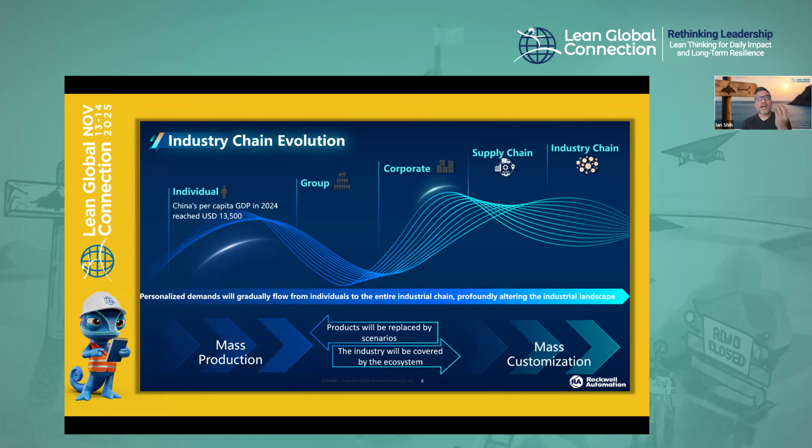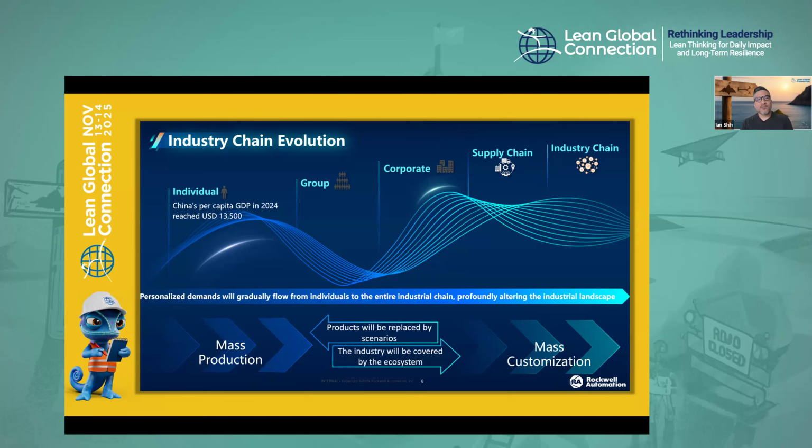But if a single company, within its own factory four walls, has a transformation that does not support that holistic customization requirement, then the entire supply chain needs to be optimized, and then moving on, the industry chain needs to be optimized.